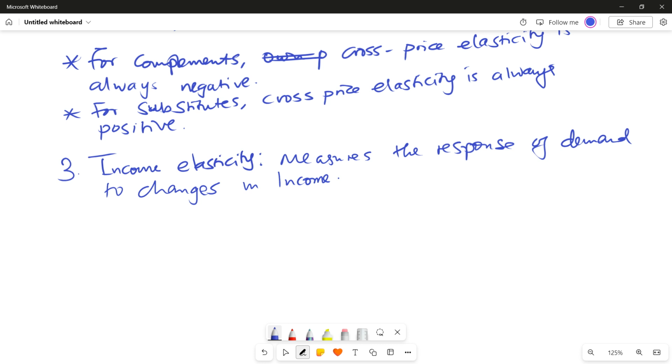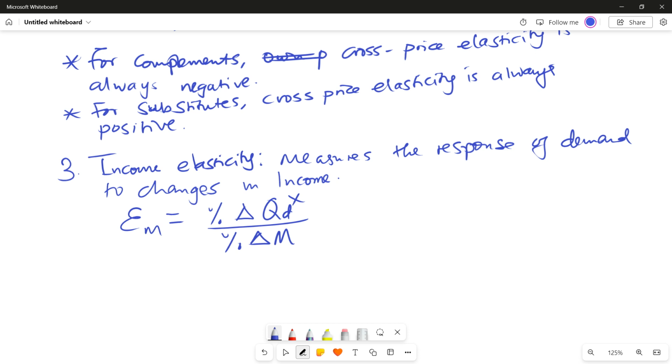The formula is: income elasticity is equal to the percentage change in quantity demanded of good X due to the percentage change in income. Income is represented by M. So that's the formula for income elasticity.